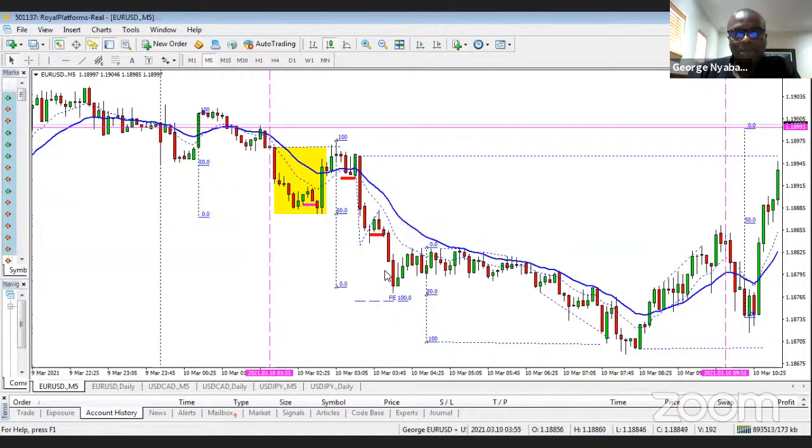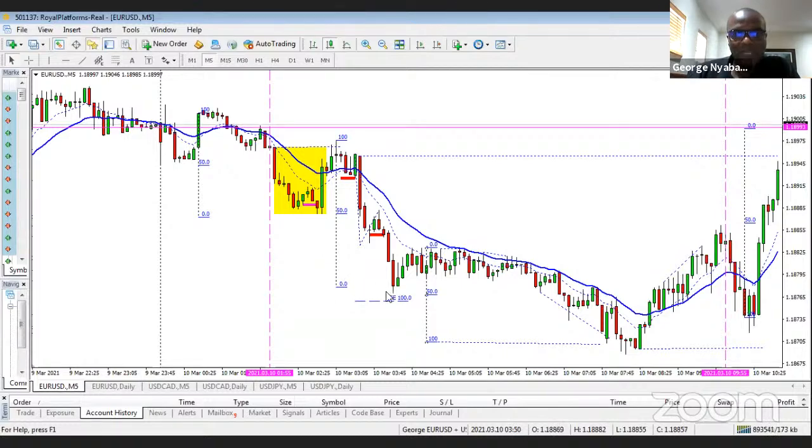Now I'm anticipating that after the pullback, this leg will be the same as the first leg. Leg one, pullback, leg two. Which means if I'm in any trade, I want to aim to take my profits here. Now I have two levels of hidden support, and that's what I call them, because you can't see them unless you actually plonk it in.